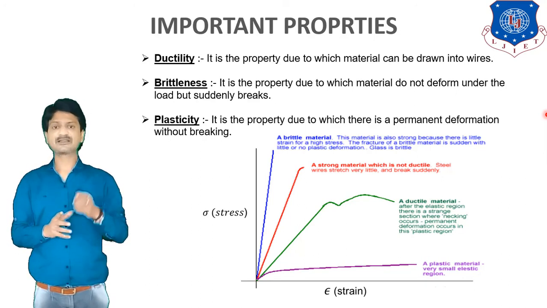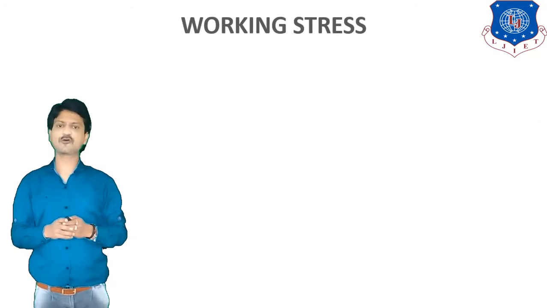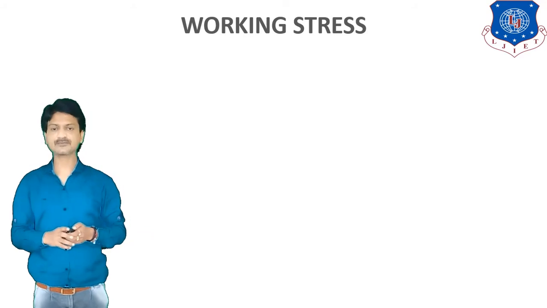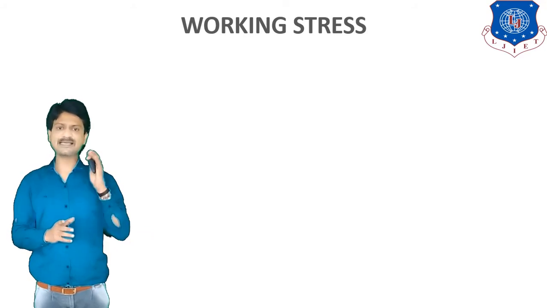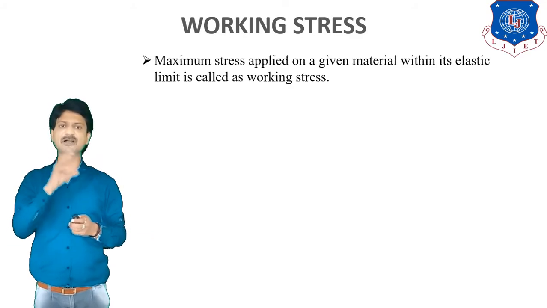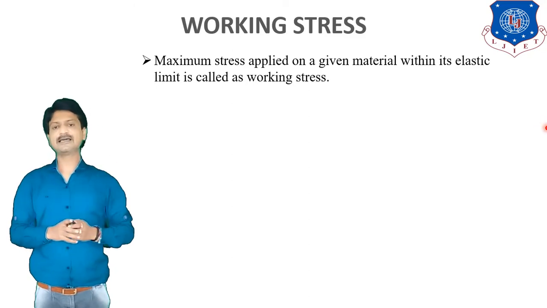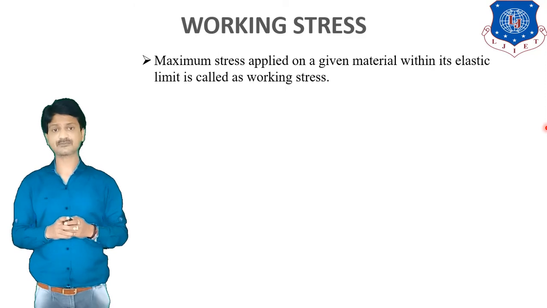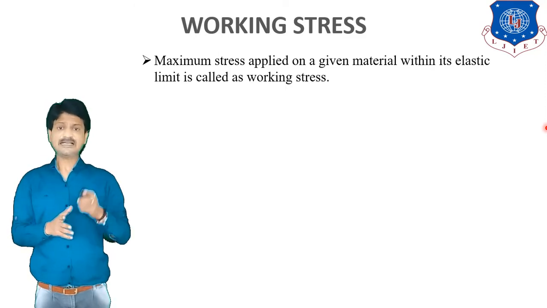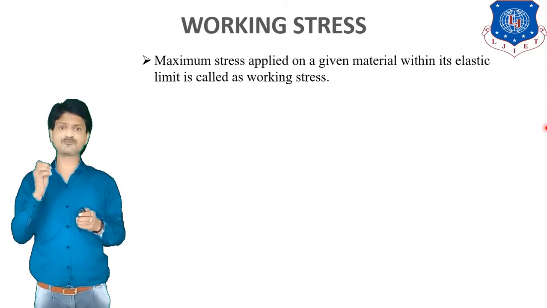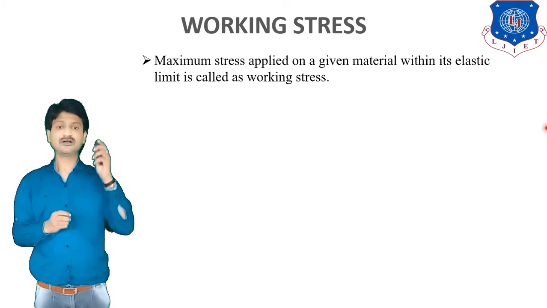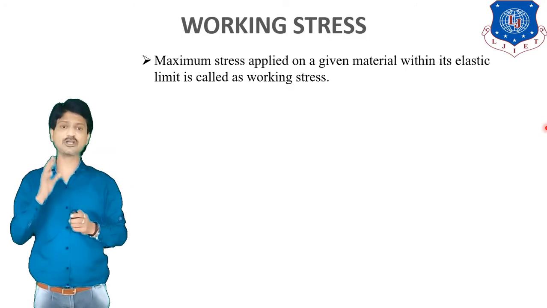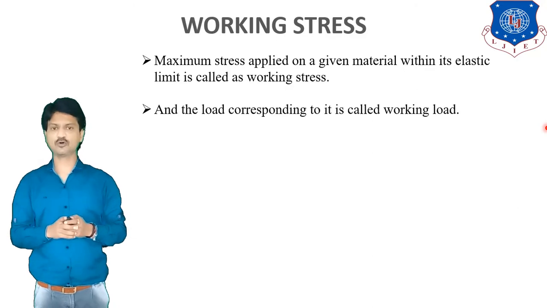Now the next point which we are going to discuss is working stress. The maximum stress applied on a given material within its elastic limit is known as working stress. The load corresponding to that stress is also known as the working load.